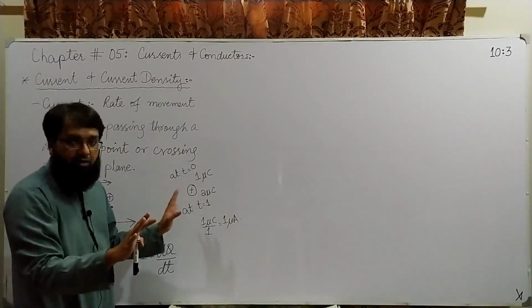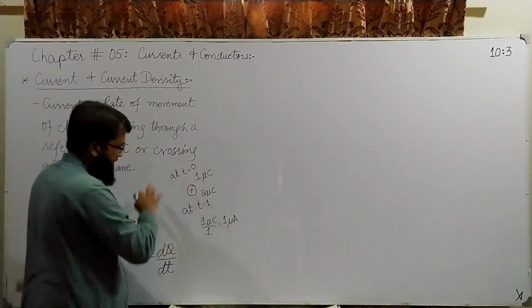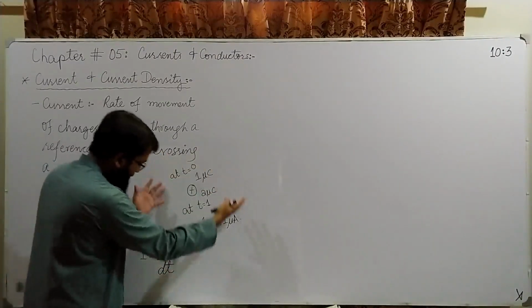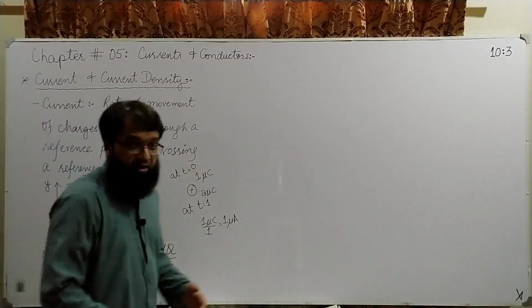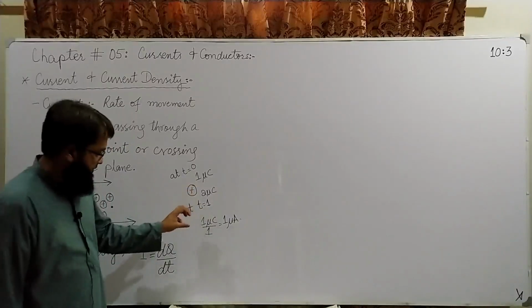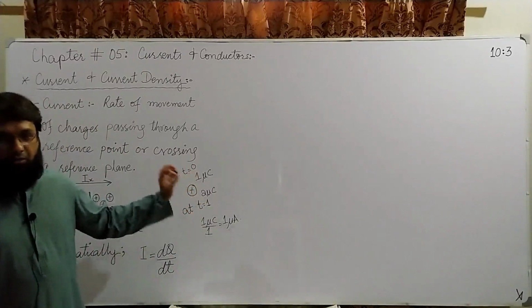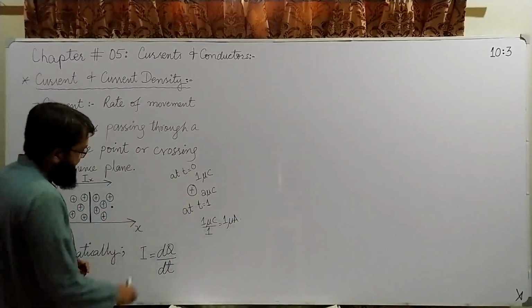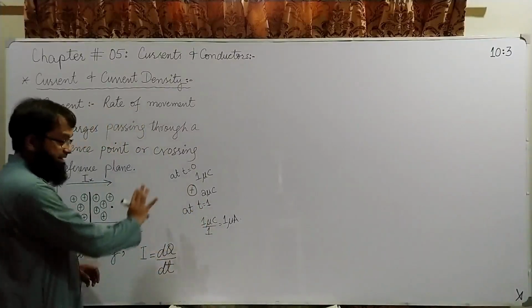The mechanism we don't really know, but you should remember, if this is a point charge, there is no way of flowing current, but charge is changing its magnitude somehow through a mechanism which we are not aware of as yet. So in that case we will say that current exists here.